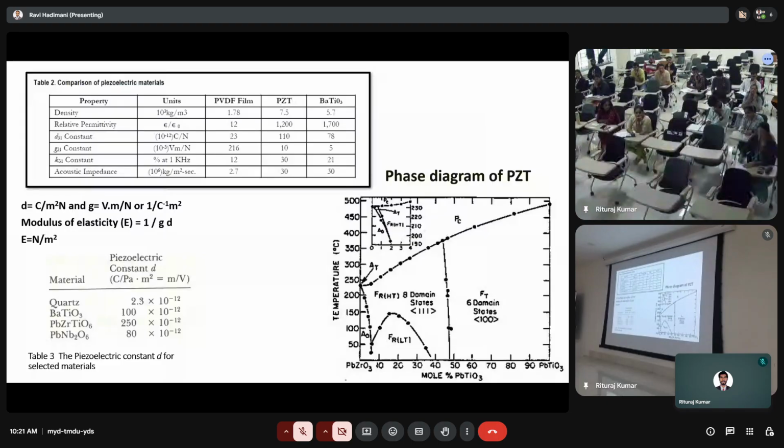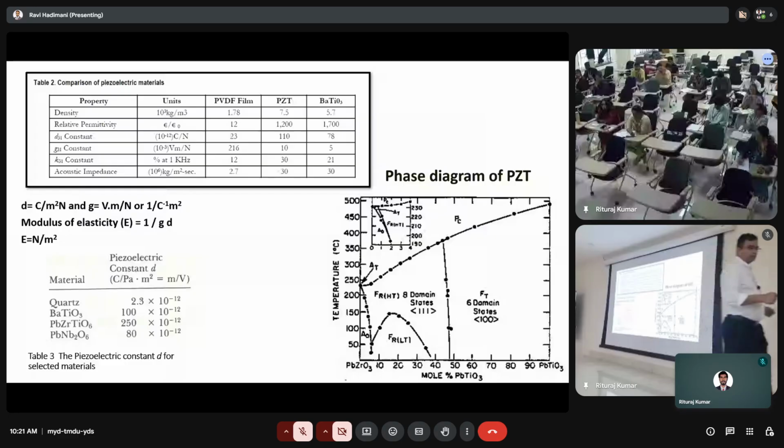That's very important. Although the polarization is not linear, the displacement is very linear, and that's why these are quite widely used.